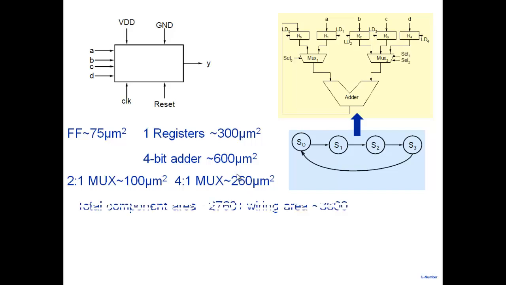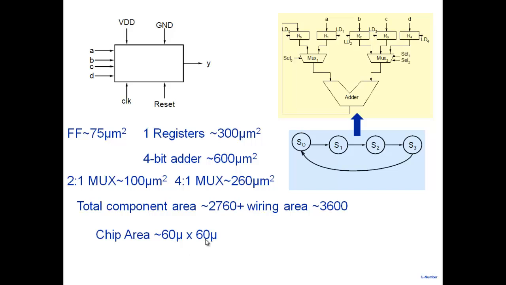So if I add up the total component area, the register area multiplied by the count, plus the adder area plus the mux area and all that, it is 2760 micron square. That's just the component area. With wiring area, let's make it an even number, 3600 micron square.